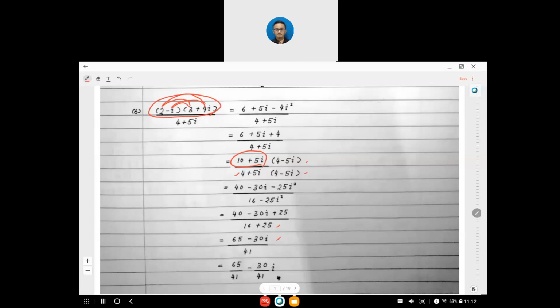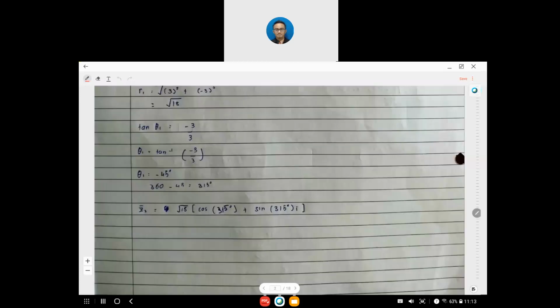When you simplify, you get 65 over 41 minus 30 over 41 i. Any problem with question 8? Any questions for question 8? Now let's look at question 9.